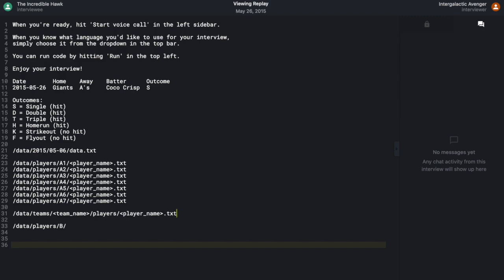The only thing that comes to mind is if a player switches teams, I don't know where they're going to be. But also, think about the UI. In the UI, we're just looking up the player name. We don't know what team they are necessarily. In this database, if this was the only data source that you had, how would you look up the team name? I would hope there'd be a function that maps player to team.